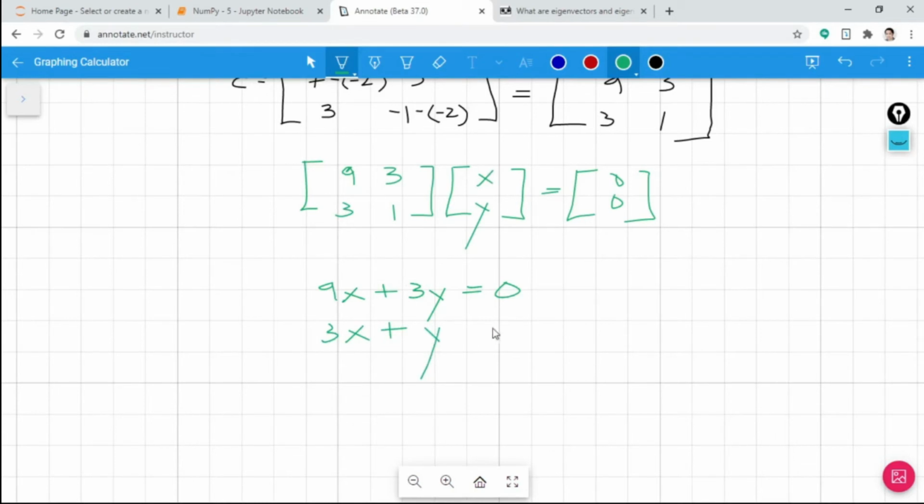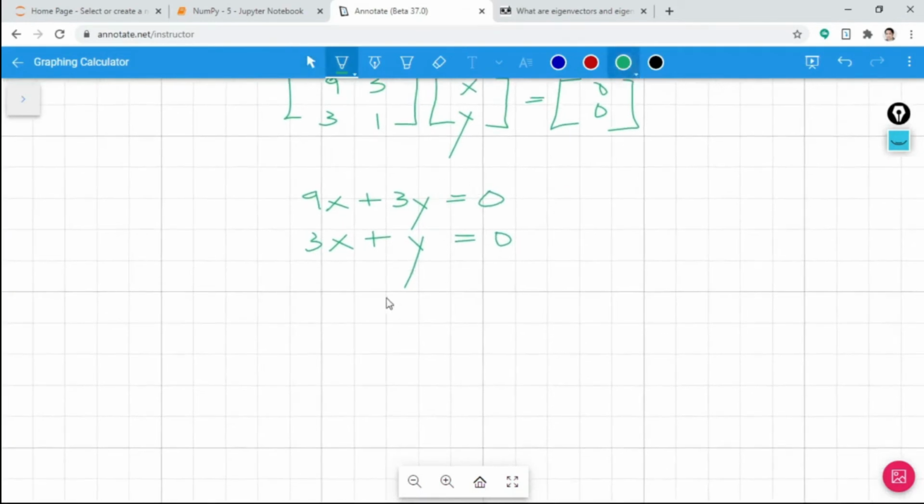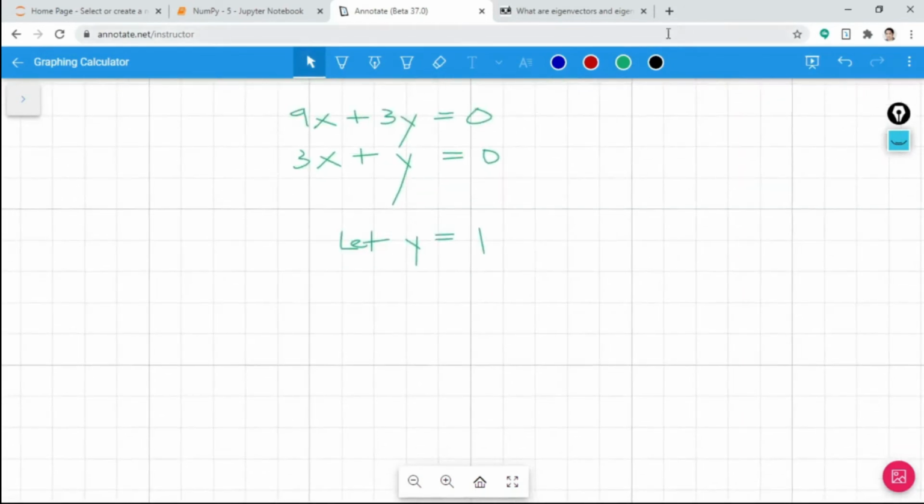So 3x plus y is equivalent to 0. So again, we assume. So let y be equivalent to 1. So we use the simpler one. Okay, so let's substitute y. So let's substitute to this one. Okay, so 3x plus 1 is equivalent to 0.